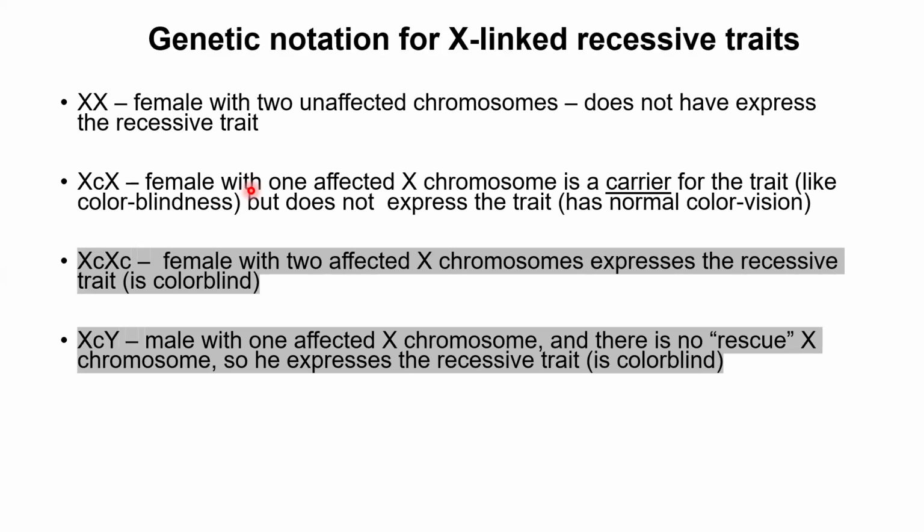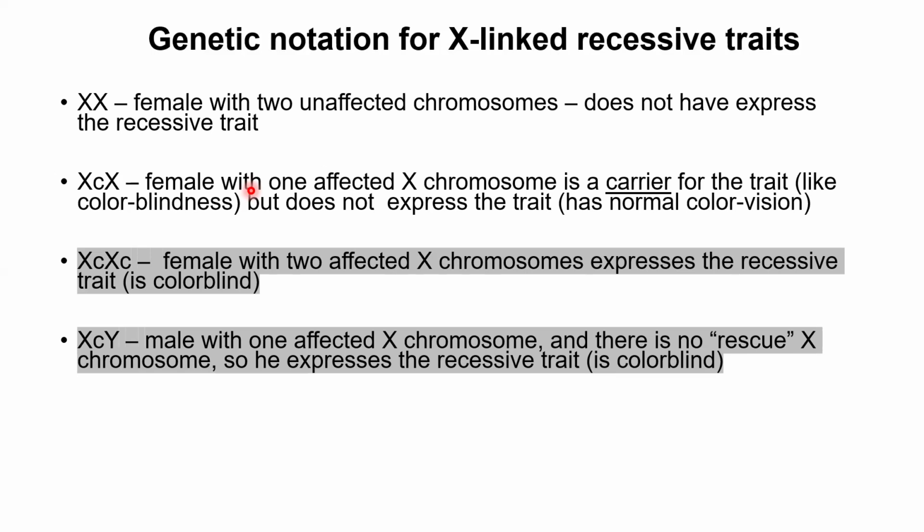Now, if there is an XCY, which is basically an X and a Y, that is a male. What we see is that with XCY, which has the affected chromosome, you end up having the trait in the male because there is no other X chromosome that can take over.